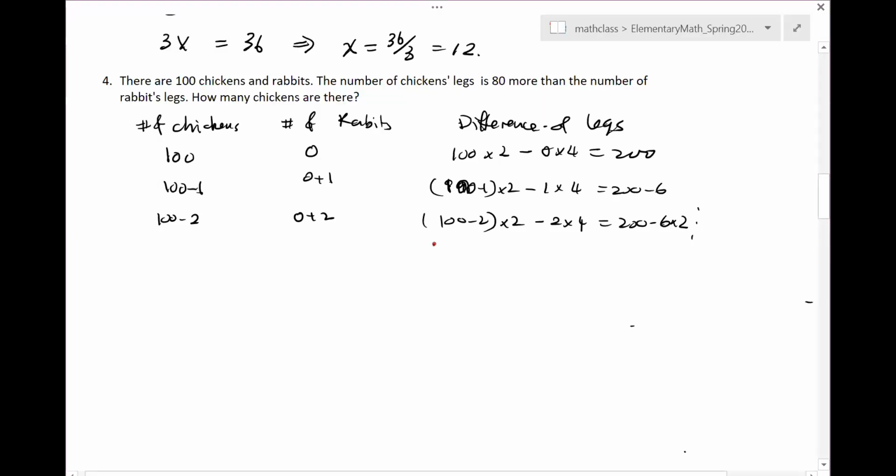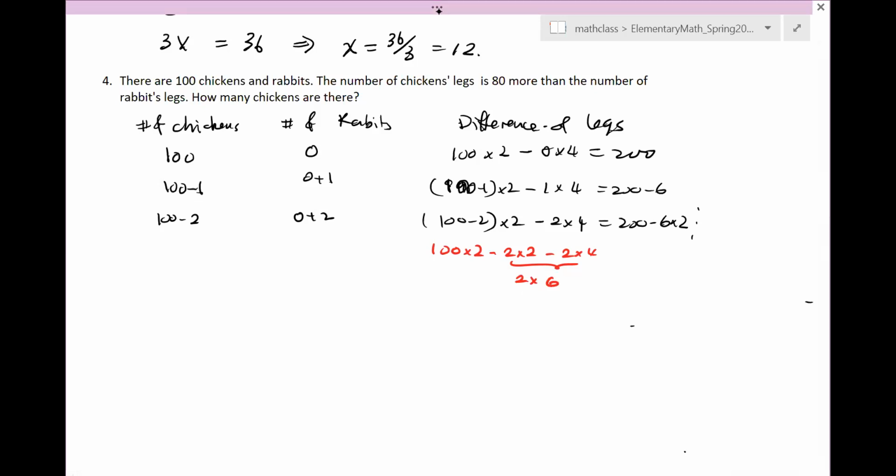This will be 100 times 2 minus 2 times 2 minus 2 times 4. So combine those two together. That's a common factor here. So it'll be 2 times 6. So every time it decreased by 6.